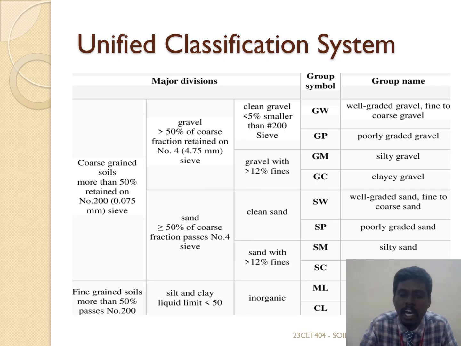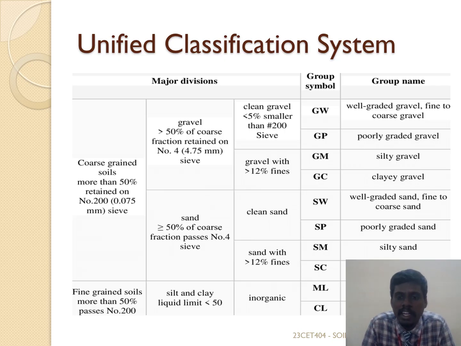We already said that GW means well graded, GP is poorly graded, GM means silty gravel and GC is clayey gravel, and sand means SW, SP, SM and SC, that means well graded, poorly graded, silty sand and clayey sand. Fine grained soil means silt and clay. When the liquid limit is below 50%, they are ML and CL. So this is the unified soil classification system.